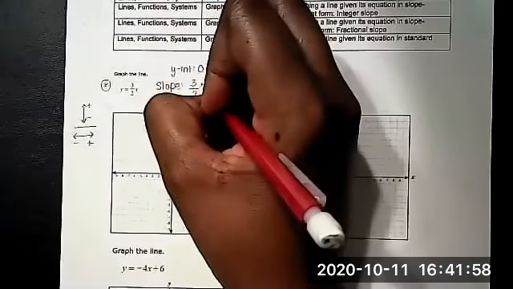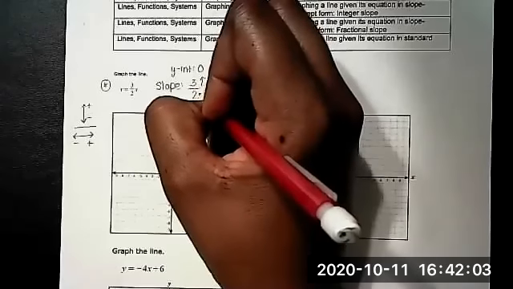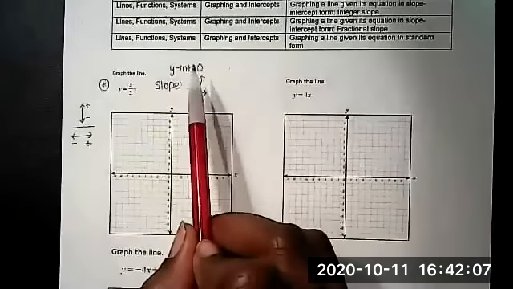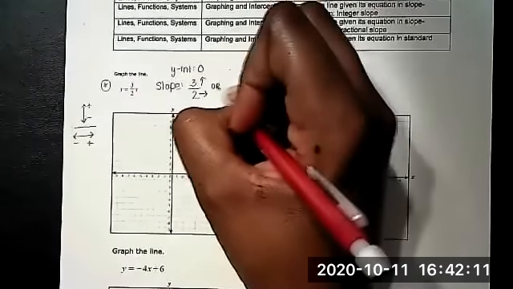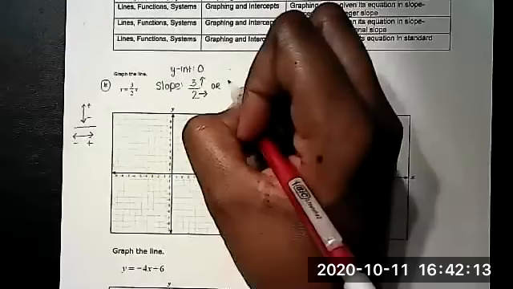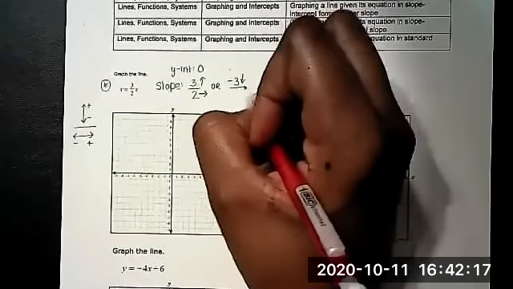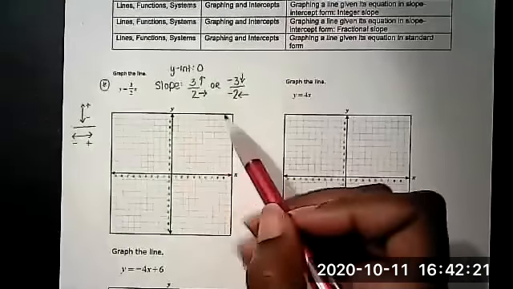So in this case, up 3, so the top number is either up or down always, and then right 2, okay? So slope is up 3, right 2. Or the opposite is also true. So negative 3, so down 3, and negative 2, left 2 is also true.